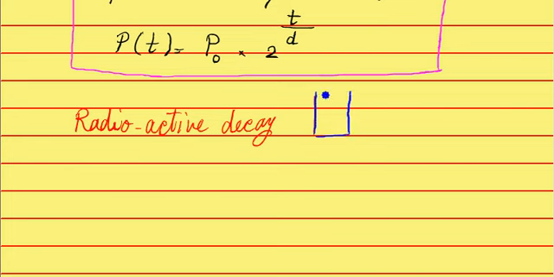Some heavy metals have this property that you might have a container full of this, and you come back after a certain length of time and look at it, and you see that half of that substance is gone or turned to something else, and only half of it is still there.